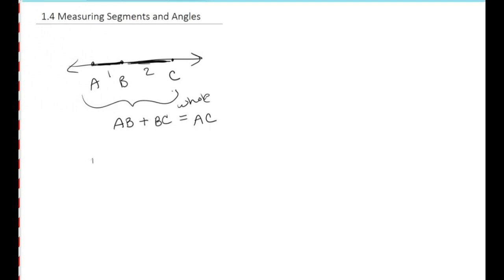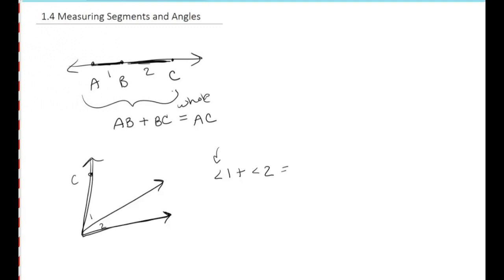And similarly, when we're dealing with angles, we're going to do the same thing. So if this is angle 1 and this is angle 2, then the angle addition postulate would say angle 1, this is the notation for angle, plus angle 2 would equal this whole thing, let's name it angle CEF.